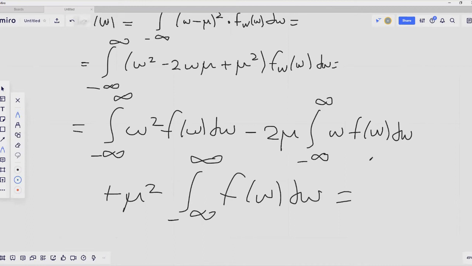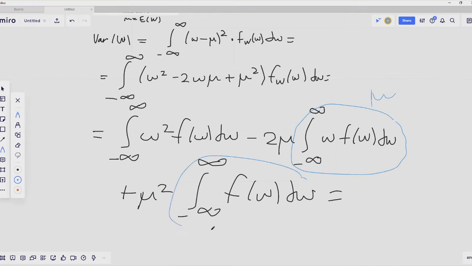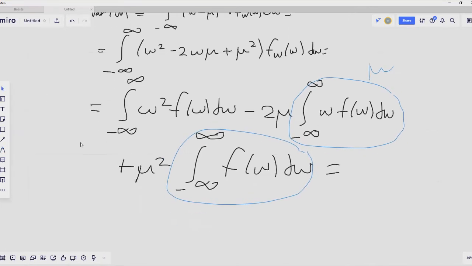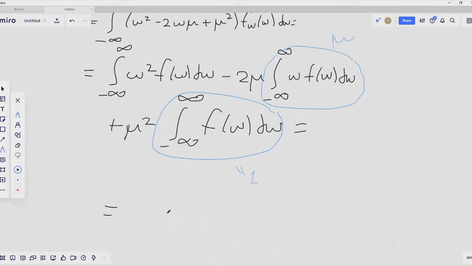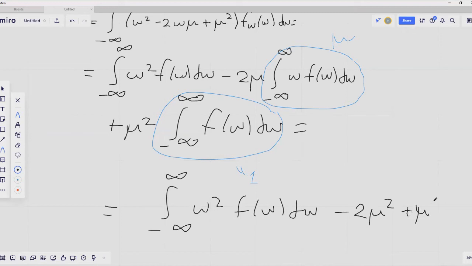Now let's take a closer look here. This integral here defines the expected value of omega, so this is exactly mu. This integral over here is the integral from minus infinity to plus infinity of the PDF of omega, which is equal to 1. So all we are left with is the integral from minus infinity to plus infinity of omega squared f of omega d omega, minus 2 mu squared, plus mu squared.